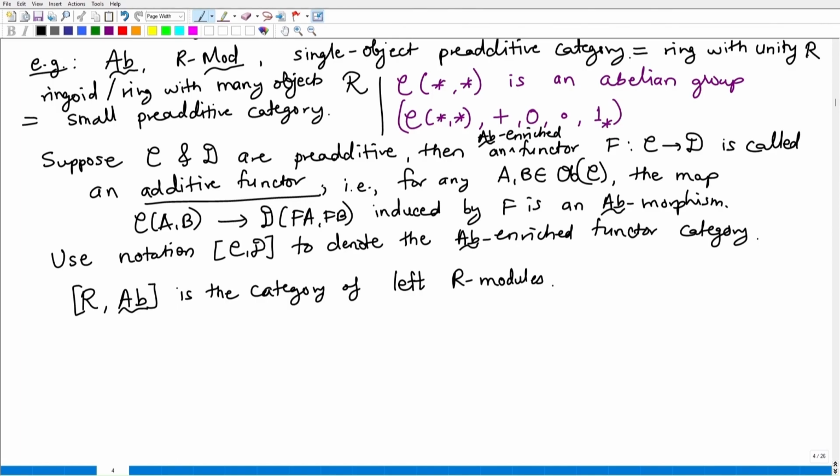Okay, what if you want to do R-op? [R-op, Ab] is the category of all right R modules. Do you understand that R-op also has an Abelian group structure? It only reverses the multiplication.